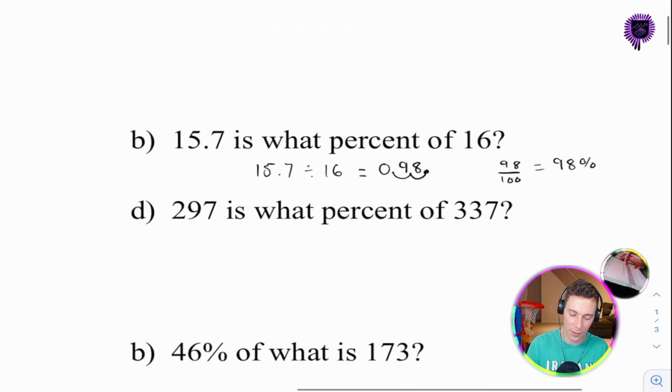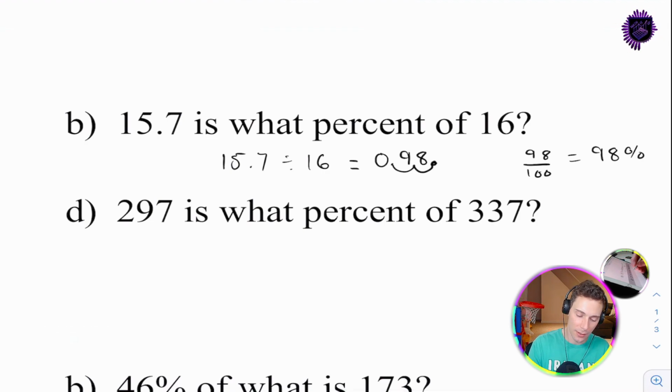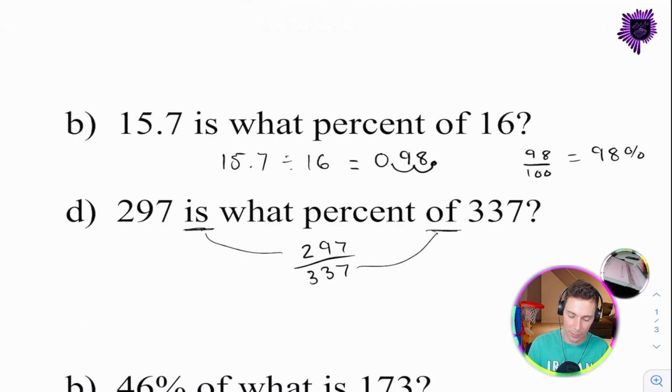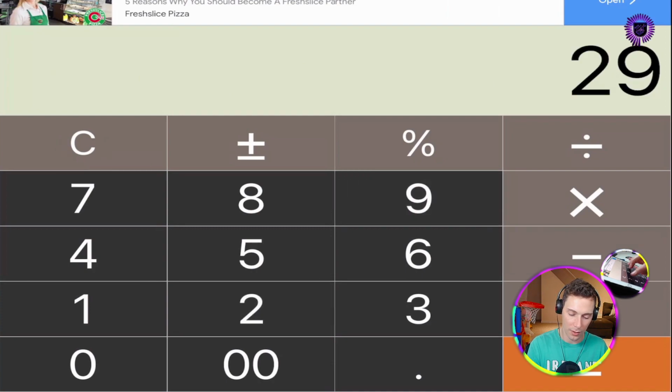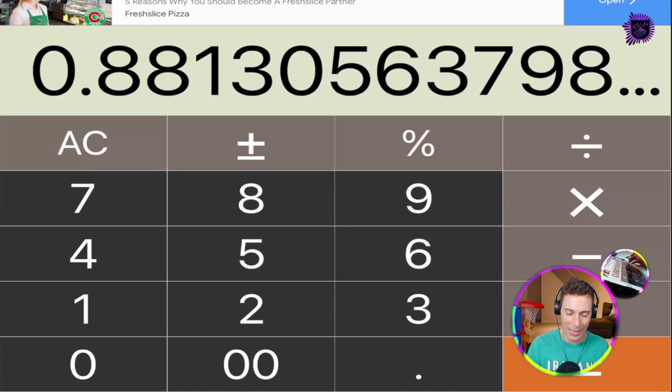Next question, 1D. 297 over 337 is, goes to the top, of to the bottom. We can then do that division. 297 divided by 337. 0.881.